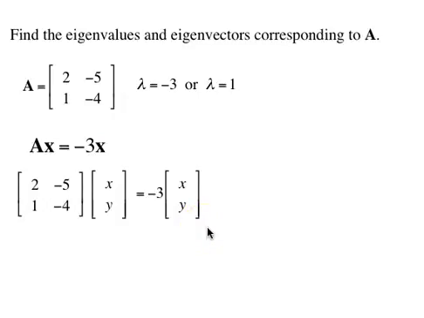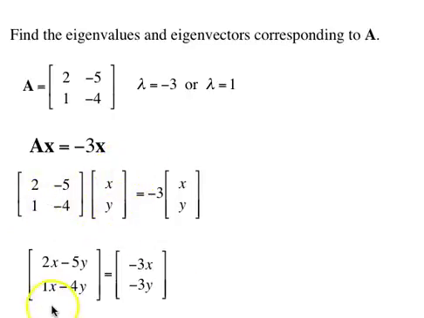We are looking for a non-trivial solution to this. 2x minus 5y, 1x minus 4y equals -3x, -3y. So thinking of this as a system of equations, this is what we get. Adding 3x to the other side, I'll get 5x minus 5y is 0. Adding 3y to both sides, I will get 1x minus 1y is 0.